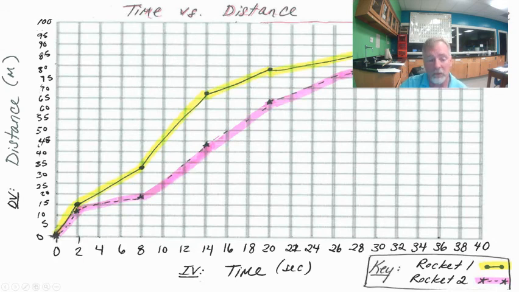Then we plot our points. We have 2 sets of data, so we have to be careful as we plot those points. You can do this so many different ways, guys, and here are 3 different examples. We can have one set of data be in pink, the other in yellow, so you can use different colors.